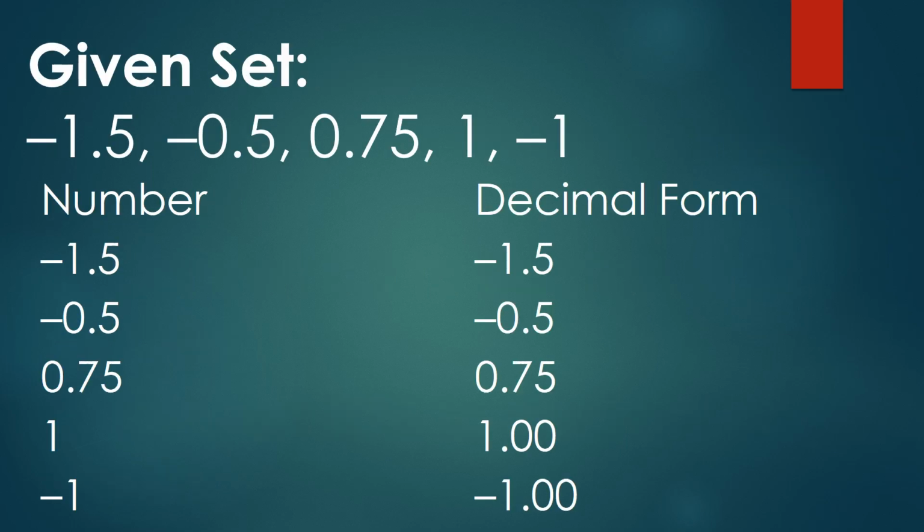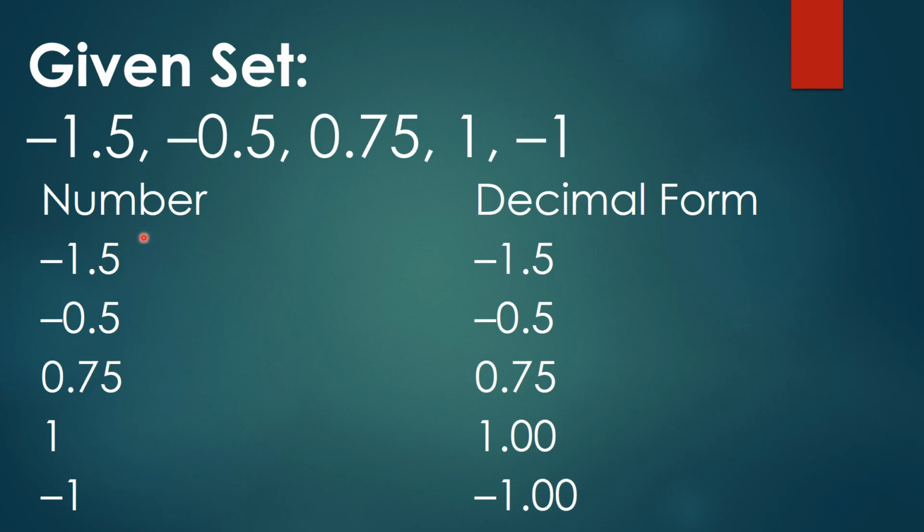Okay, another example. So we have a given set: negative 1.5, negative 0.5, 0.75, 1, and negative 1. So we have the given numbers. We're going to look at this in decimal form.